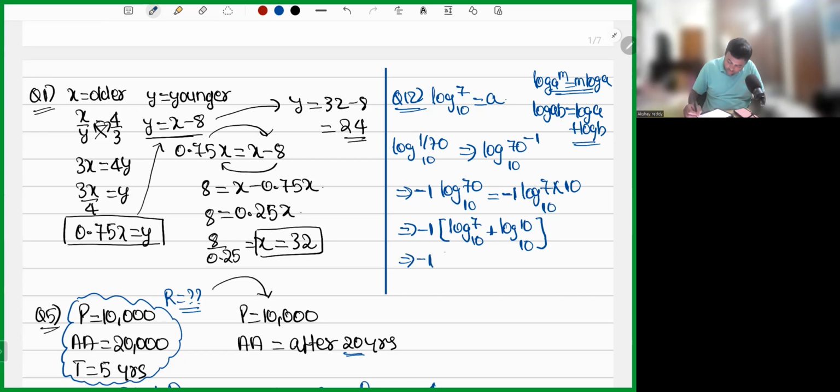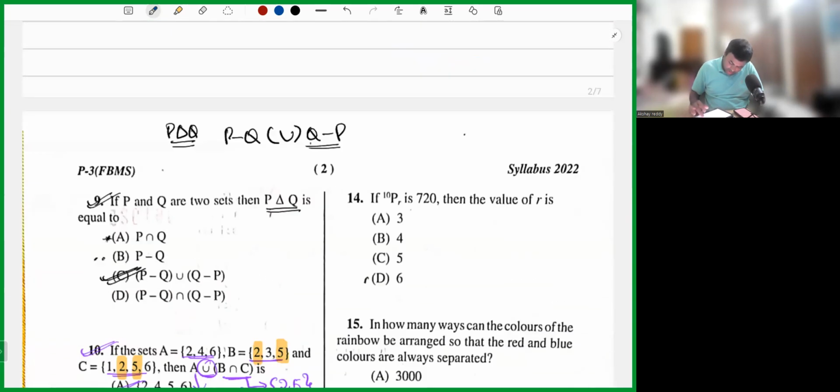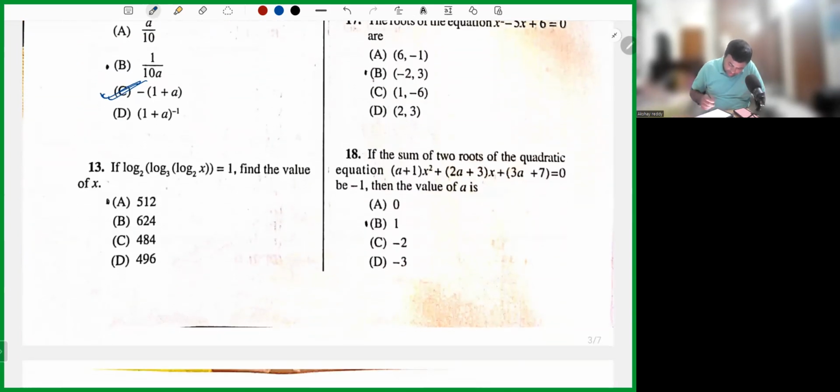Minus 1 into log 7 base 10 is A, log 10 base 10 is 1. So the resultant is minus 1 into A plus 1. Simple question, sir. Quite simple, sir. Nothing much difficulty. Minus 1 into A plus 1.